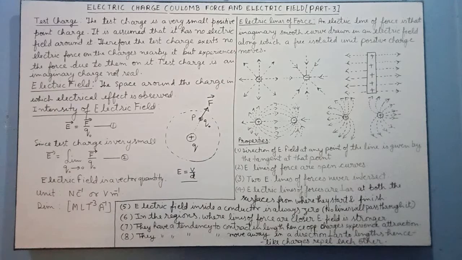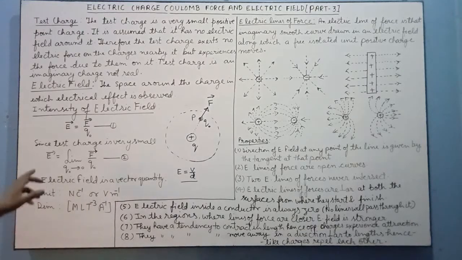From this relation we can obtain the unit of electric field as volt per meter. Also the dimensions of electric field are M L T to the power minus 3 A to the power minus 1.